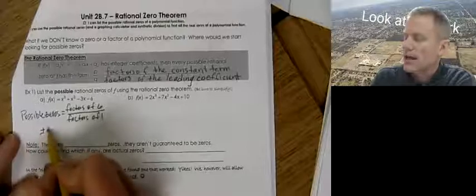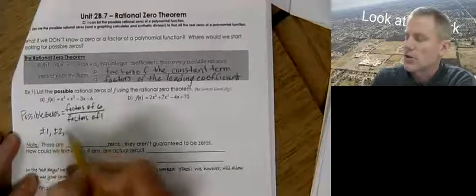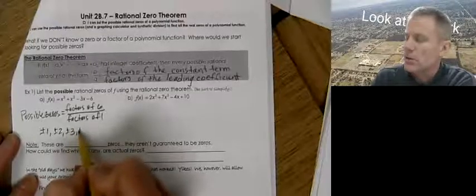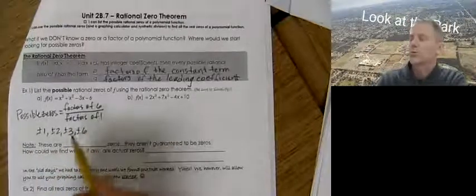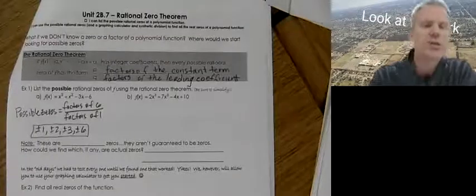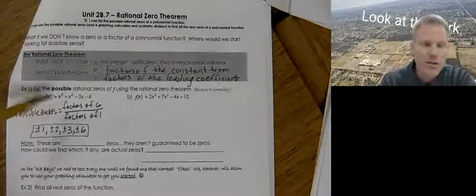So the factors of 6 are plus or minus 1, plus or minus 2, plus or minus 3, and plus or minus 6. Those are your possible zeros. Those would be smart choices of what could go into this polynomial equation.